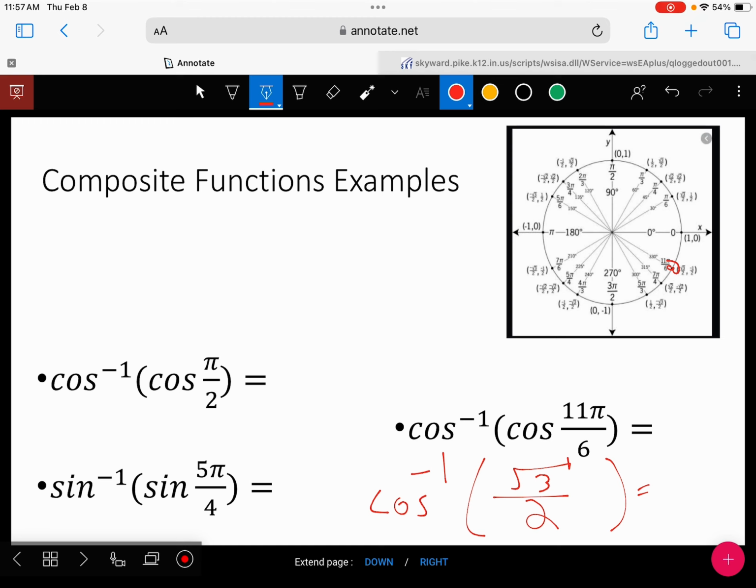Inverse of cosine of root 3 over 2. Root 3 over 2 is going to be in quadrant 1 or 2 right there. So then our final answer is just pi over 6. Remember, inverse cosine, we're given the x-coordinate, and we need to figure out the angle measure. And our angle for inverse cosine is going to be in quadrant 1 or quadrant 2.